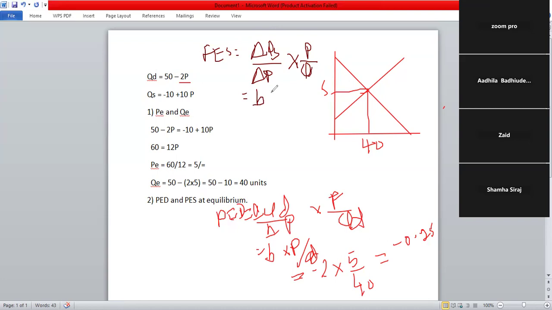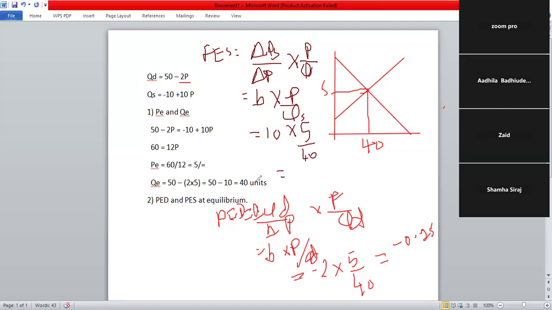B into P over QS. So what is B? B is 10. Price is 5.